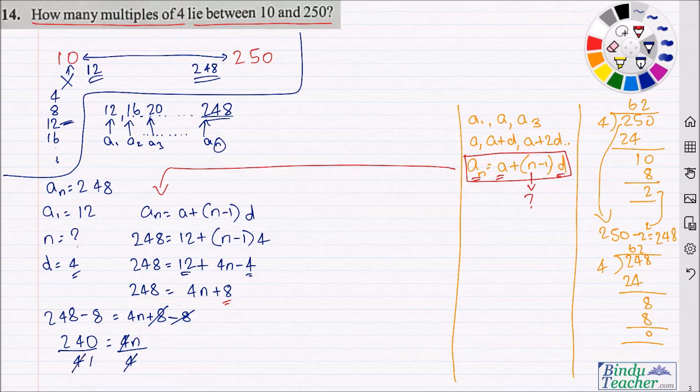Here we have 4. 4 into 6, 0 equal to 240. Okay, so this gives us the answer 60 equal to n, or n equals 60. So with this we can say that there are 60 multiples of 4 between the numbers 10 and 250.